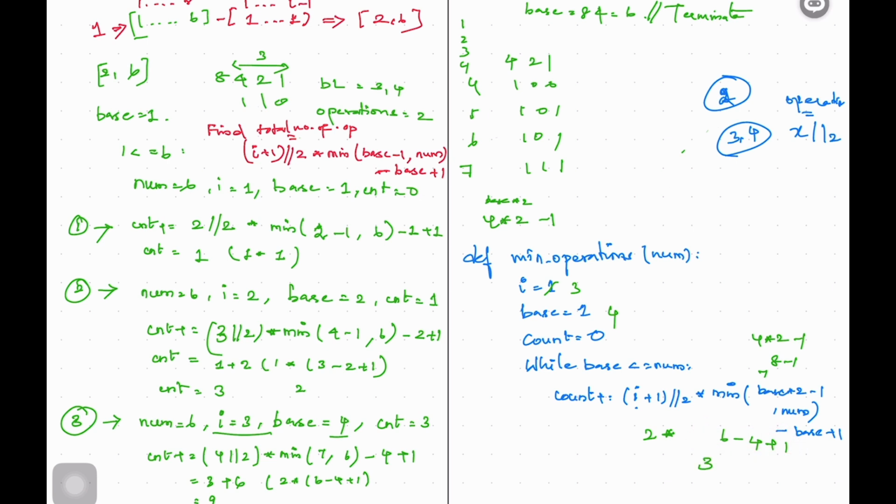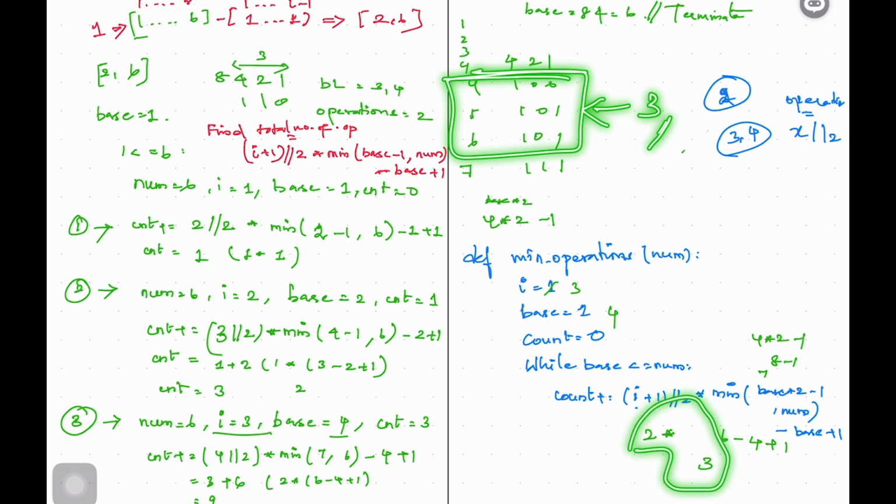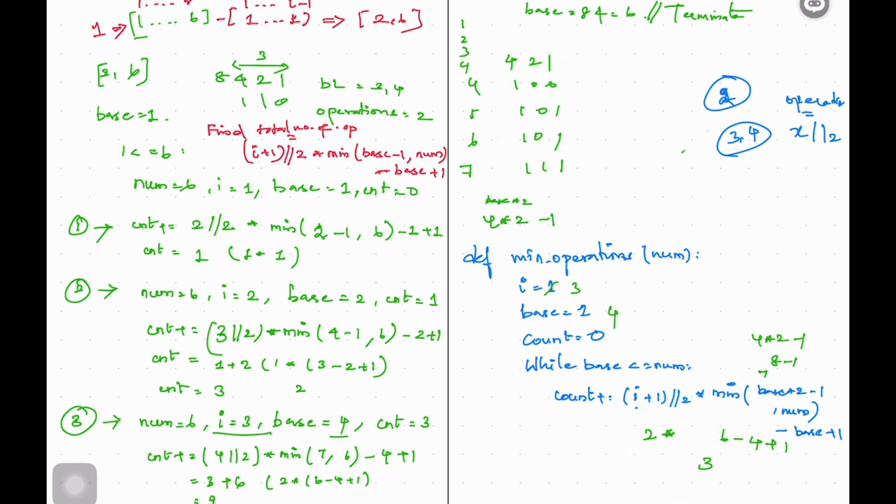right? So now if you see, 4, 5, 6, these are the three numbers of binary length 3. So 2 times 3, which will contribute 6 operations. This will take to make these numbers 0. Got it? So I hope you understood this formula, why the min of base times 2 minus 1 and num works, and why we are subtracting base plus 1.